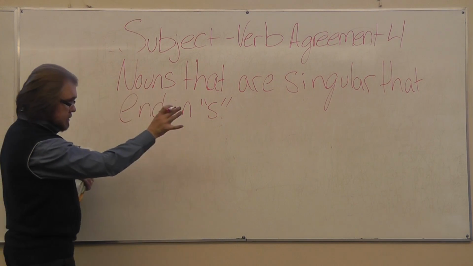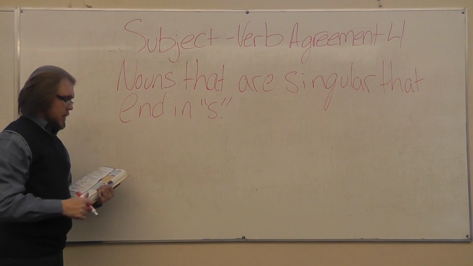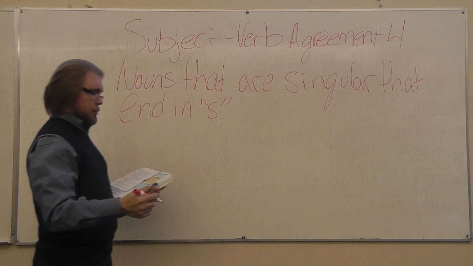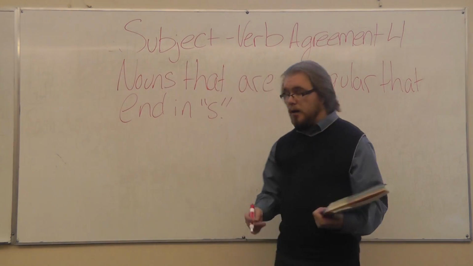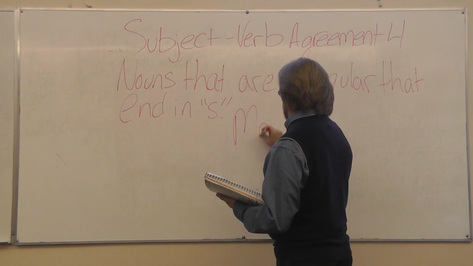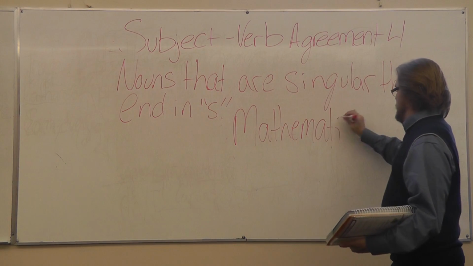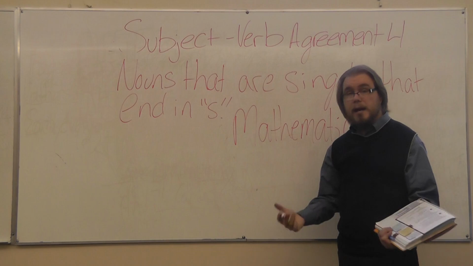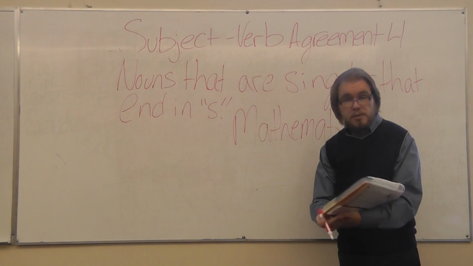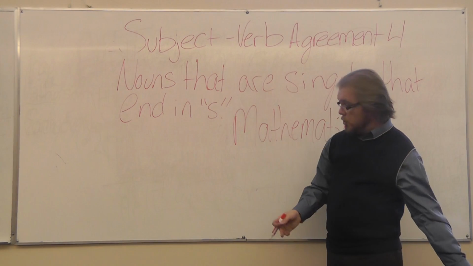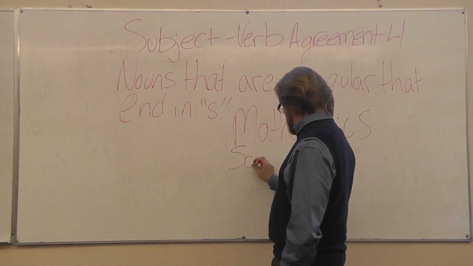But regardless, if we're going to write correctly, we have to be able to recognize that some nouns, like mathematics or social studies, actually works for a number of courses or subject names for school. Okay.